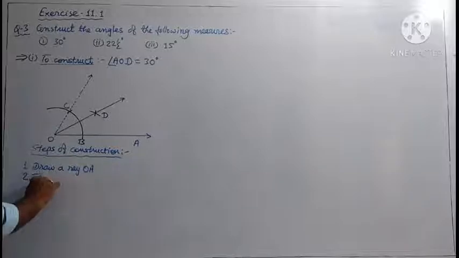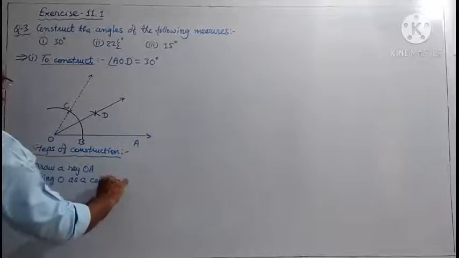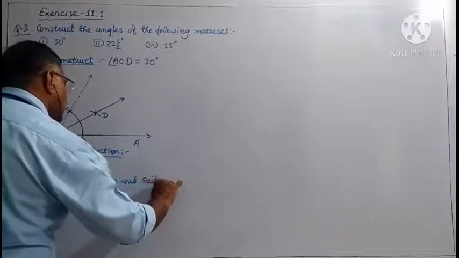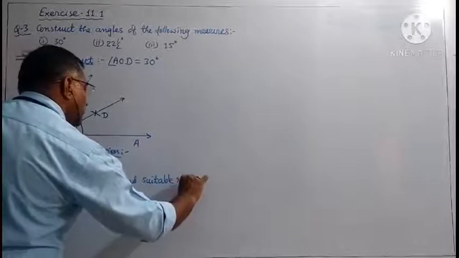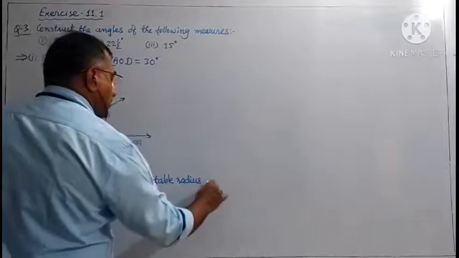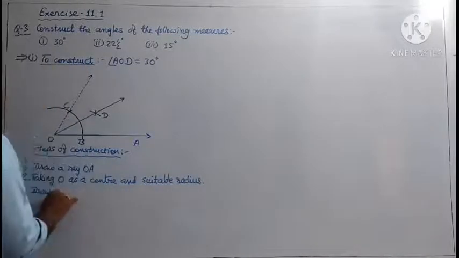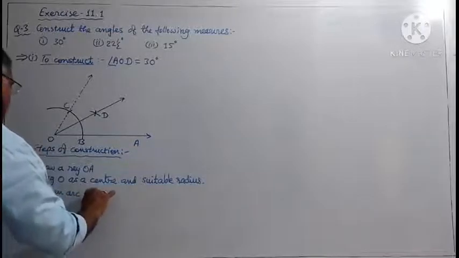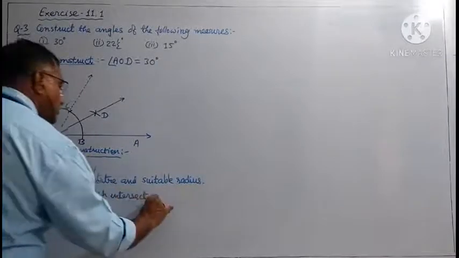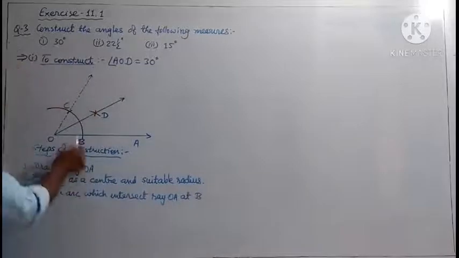Then taking O as a center and suitable radius, draw an arc which intersect ray OA at B. So here we got this point B.